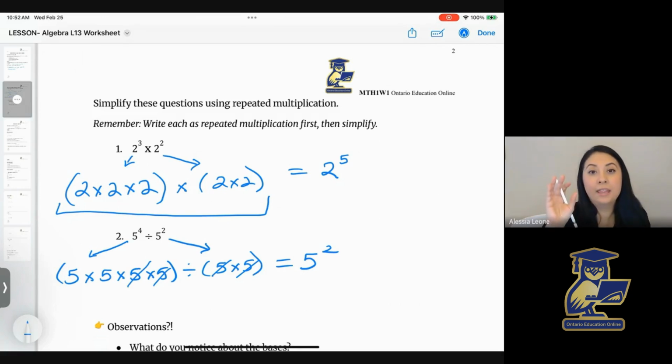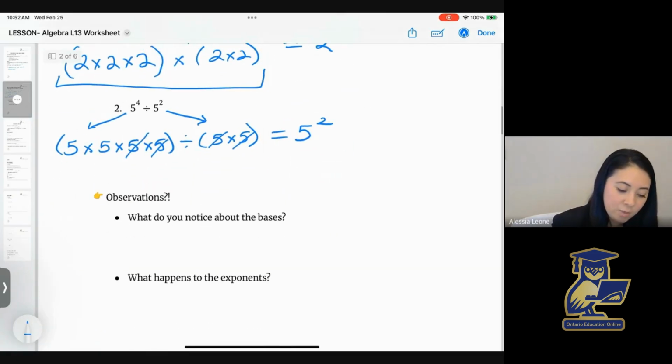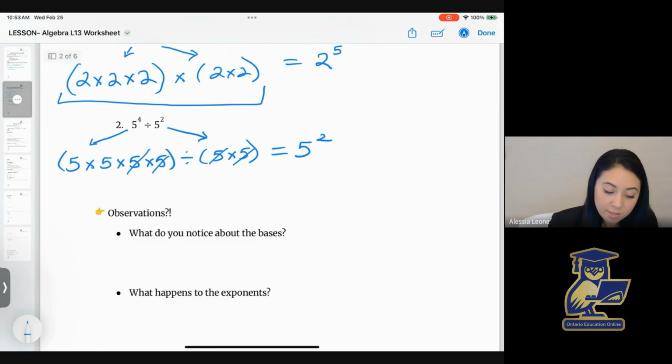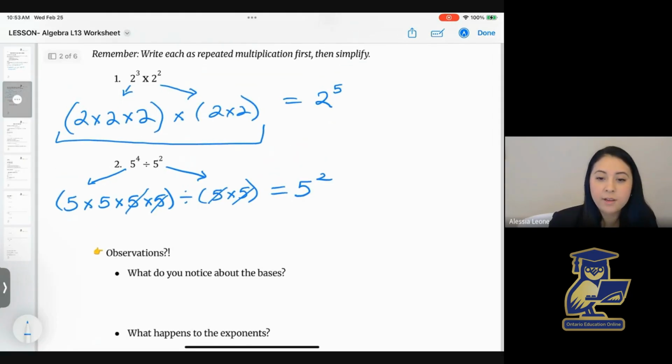Now, to write out this repeated multiplication, we're doing this just to give us a visual for when we're going to talk about the laws. What did we notice about the bases? So the bases, what did we notice? We noticed they're the same. In example 1, both bases are 2, the big numbers.